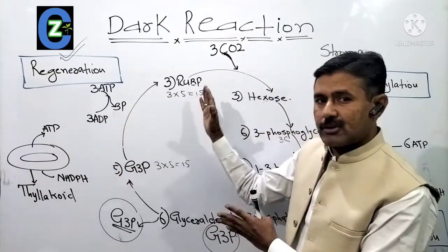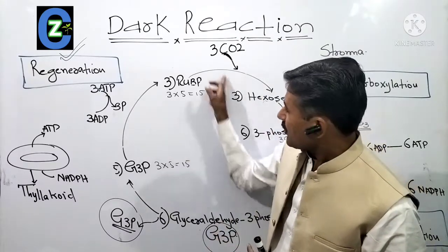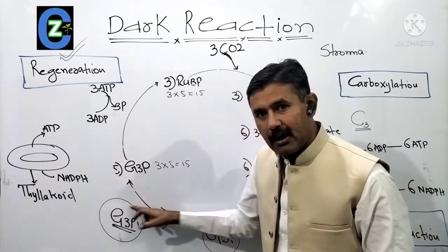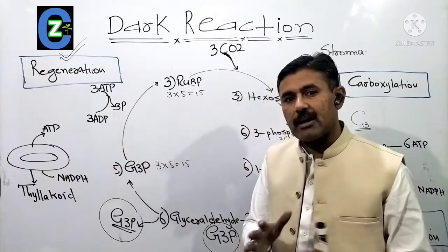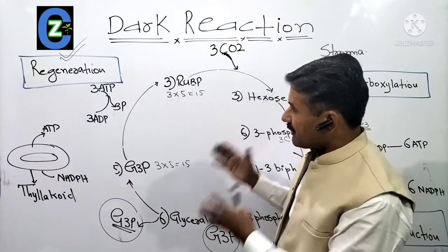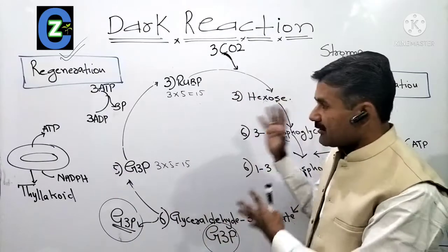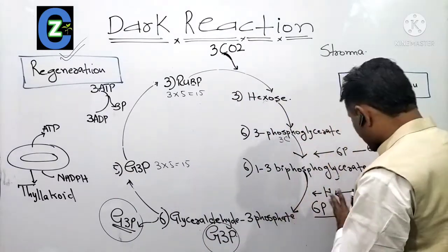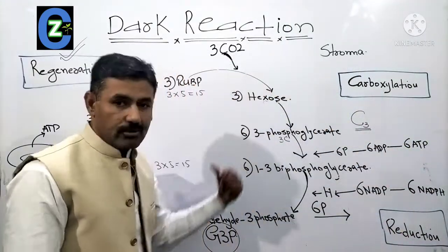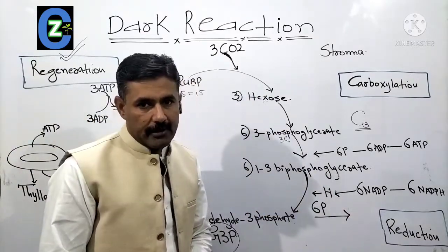Each phosphate attaches to each molecule of RuBP and converts it into ribulose 1,5-biphosphate. In this way, the 5 molecules of glycerolaldehyde 3-phosphate are converted into 3 molecules of RuBP, and this phase we say is the regeneration phase. And in this way, by these 3 phases, carboxylation, reduction and regeneration, we can fix carbon dioxide into a triose form, and this cycle is called the Calvin cycle, or the dark reaction.